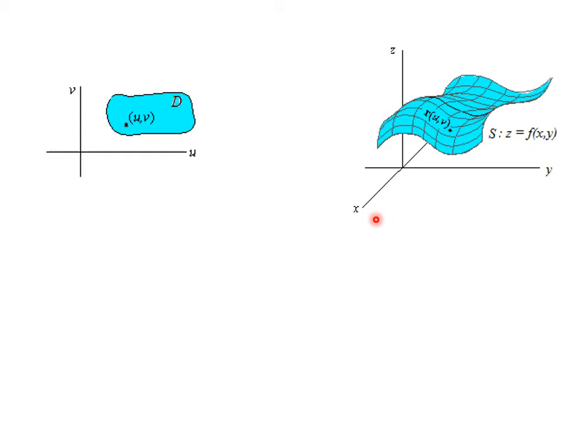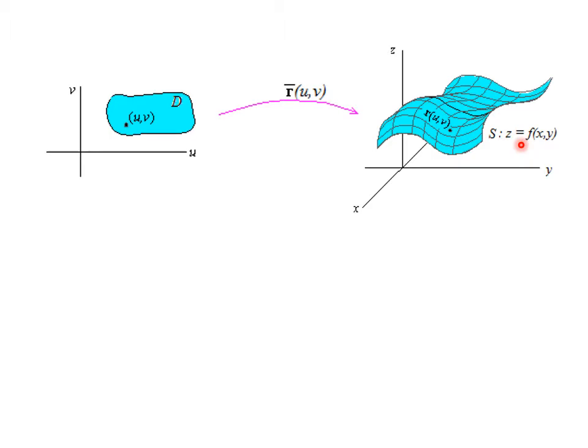So I will get the uv plane because I have chosen x as u and y as v. Here I am locating a point u comma v. This point corresponds to the point P of x comma y comma z on the surface z equal to f of x comma y. How to locate that point lying on this surface z equal to f of x comma y?